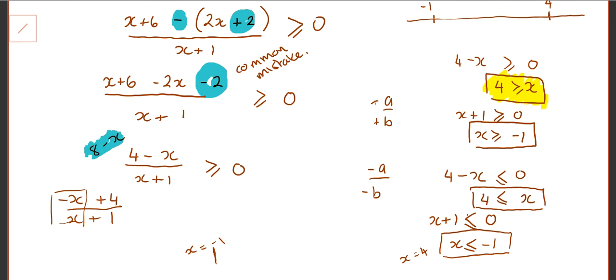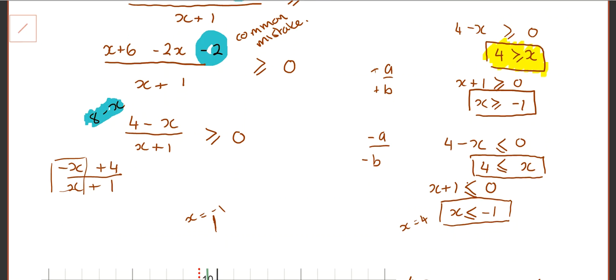Then we went through the process and said we want it greater than 0, so we've got 2 positives, 2 negatives. We found our solutions: x is less than 4 and x is greater than -1, or x is greater than 4 and x is less than -1. Now, the keen amongst you realise that that meant everything was possible, which is not true.